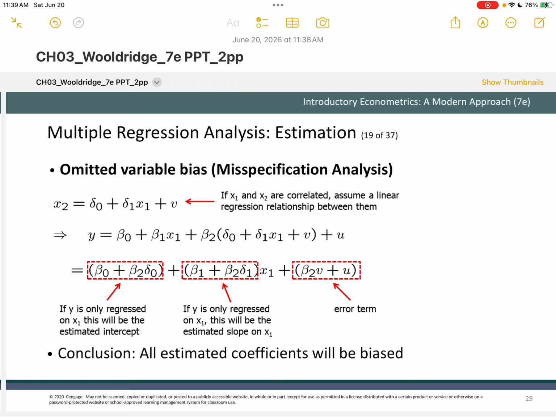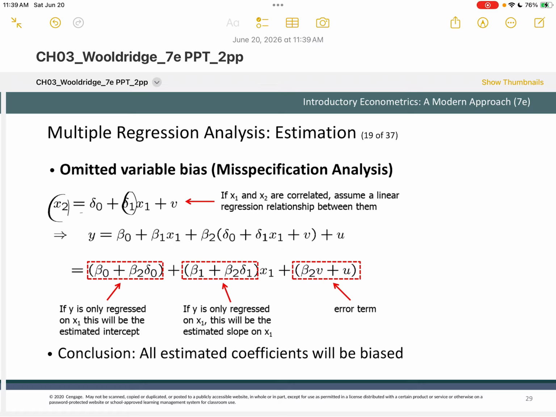We can write that linear relationship as the omitted x2 variable equals delta 0 plus delta 1 x1 plus v. Delta 1 is the relationship or the correlation between x1 and x2. And if that correlation is statistically significant, then, well, they are correlated, right? So here we go.